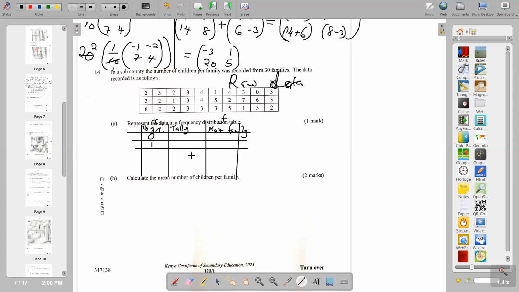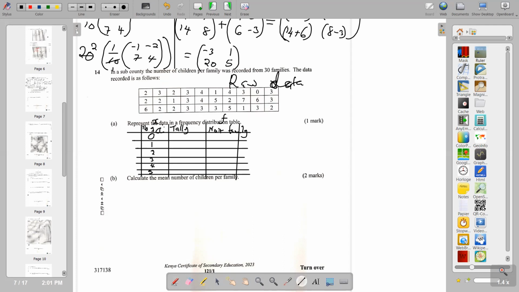So that is 2, 3, 4, 5. But the space is not enough. Maybe you can draw it down here.